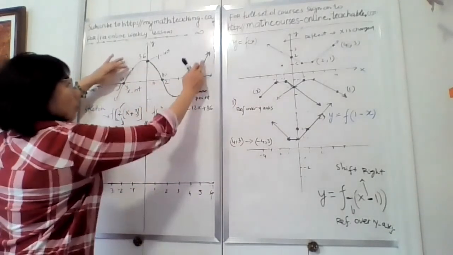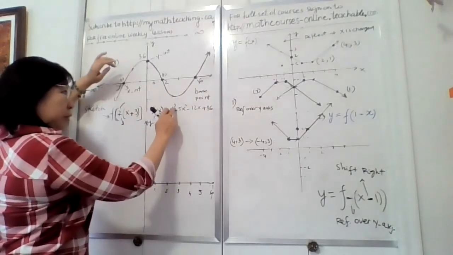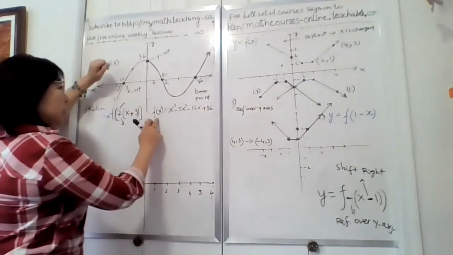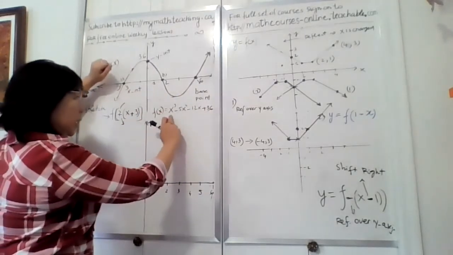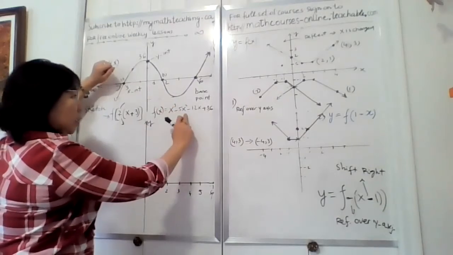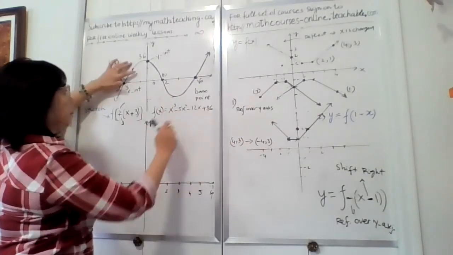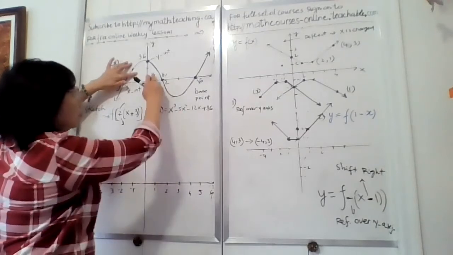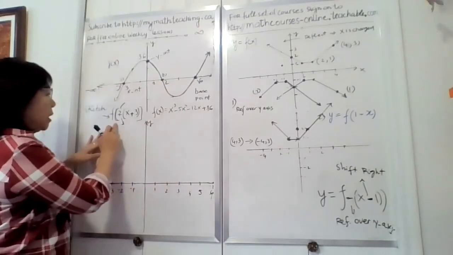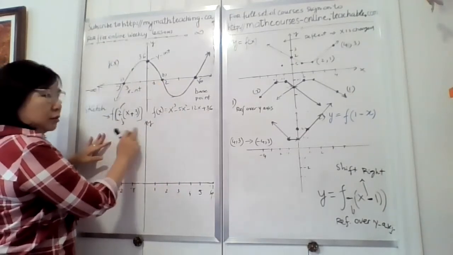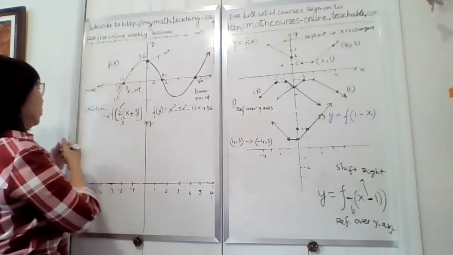So this is the polynomial function with the degree of 3. This is a function f of x, x to the power 3 minus 5x squared minus 12x plus 36.